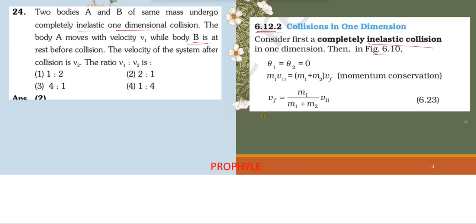They are asking v1 by v2, where v2 is the final velocity. So v1i by vf, from this equation, will be m1 plus m2 by m1, as both are identical, it will be 2:1. So if you know this particular point from NCERT, you can solve this question very easily.